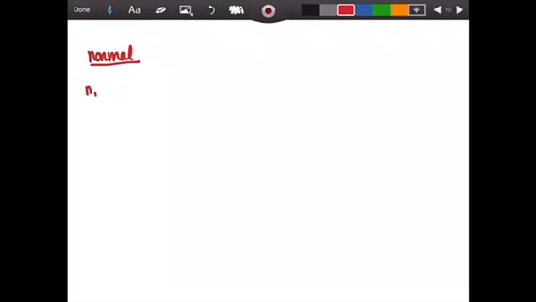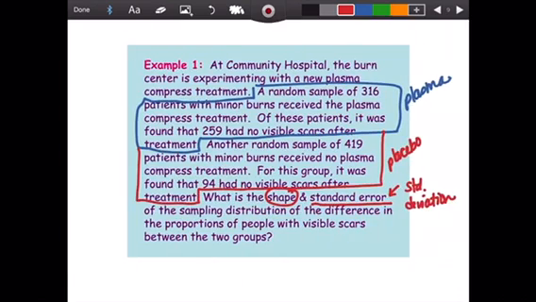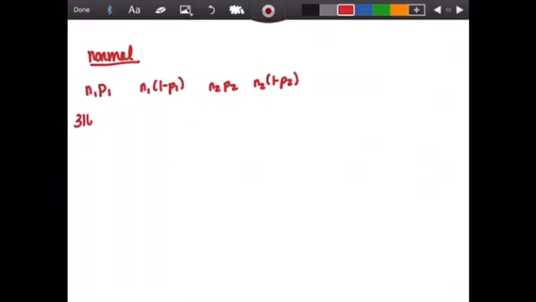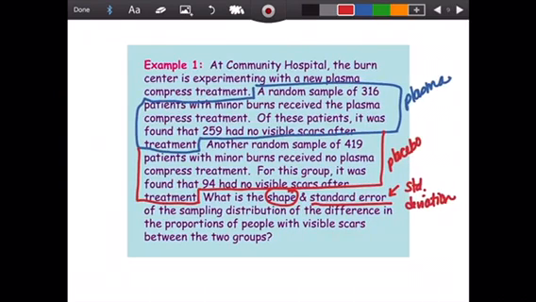To prove it's normal, we have to find n1 p1, n1 times 1 minus p1, n2 p2, and n2 times 1 minus p2. Well, n1 was our sample size. So if we look at our first sample, we had 316. And then p1 was the proportion of those who had no visible scars.